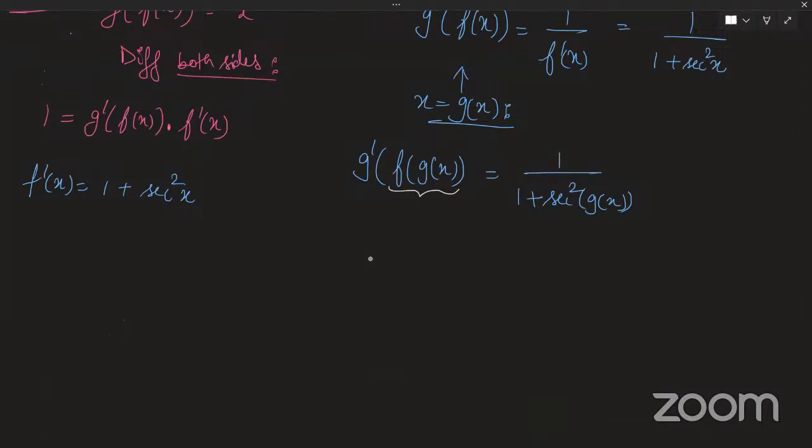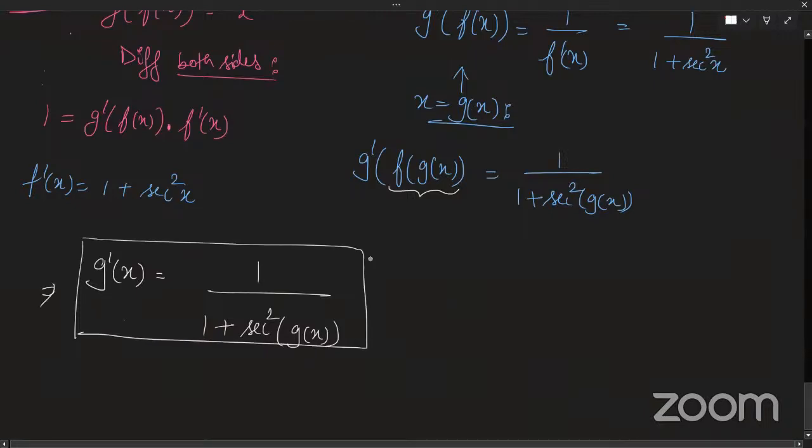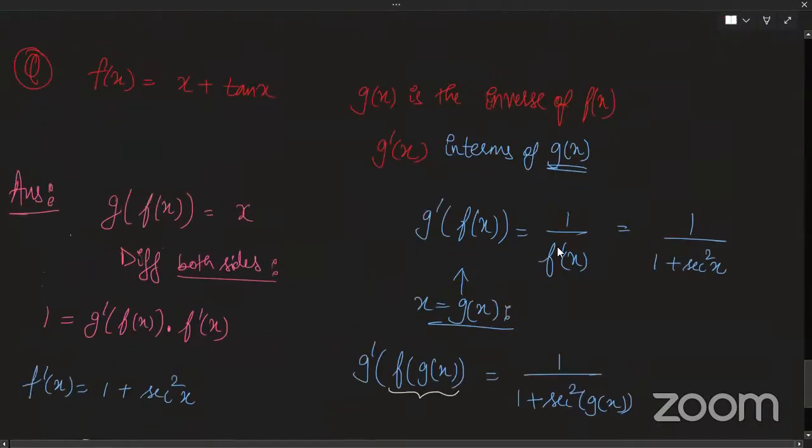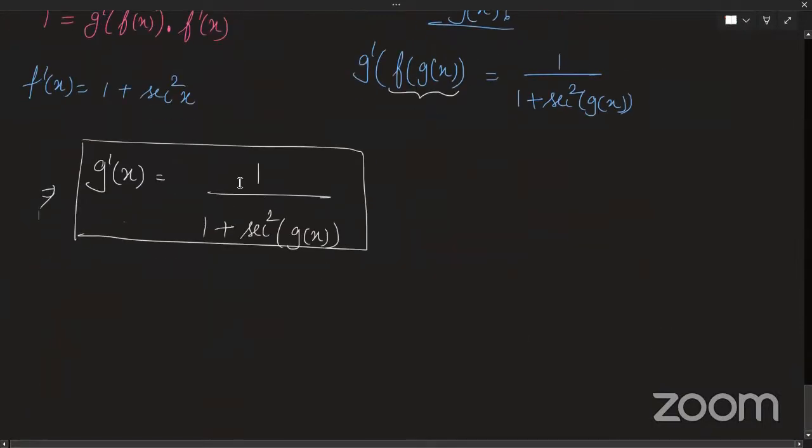It is x. So I have already got my value of g dash x: g dash x is 1 by 1 plus secant square of g of x. So I have got my answer in terms of g of x, and that is what it was asking me to do. The only thing we needed to keep in mind was that first we used the relation that g of f of x is x, and the second time, while substituting, that f of g of x is also x.